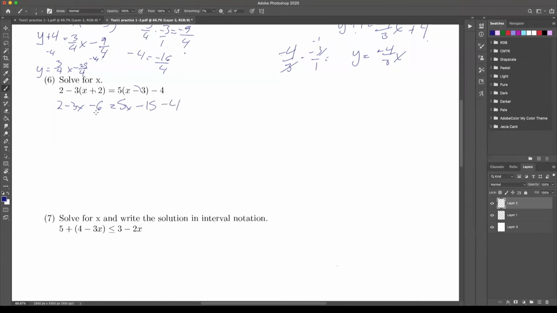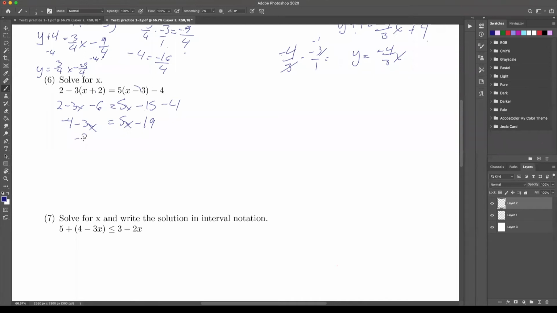2 plus 2 and the negative 6 become minus 4. Minus 3x equals 5x minus 15 minus 4 would be minus 19. And then from here, we'll go ahead and move stuff over.